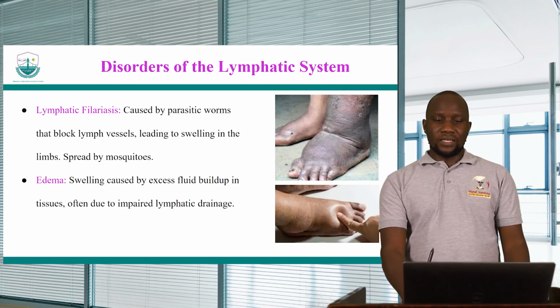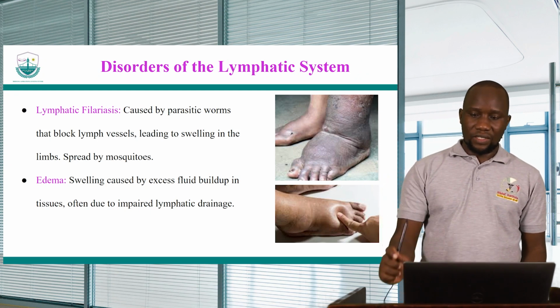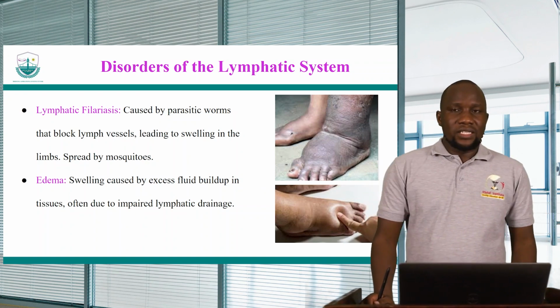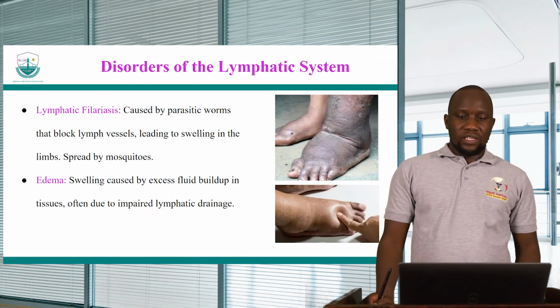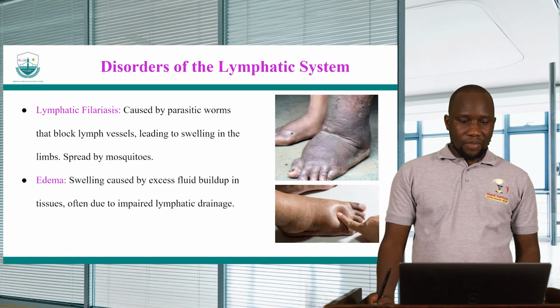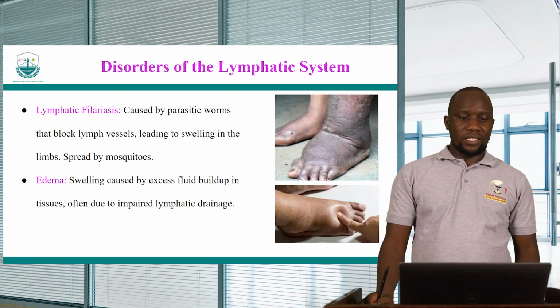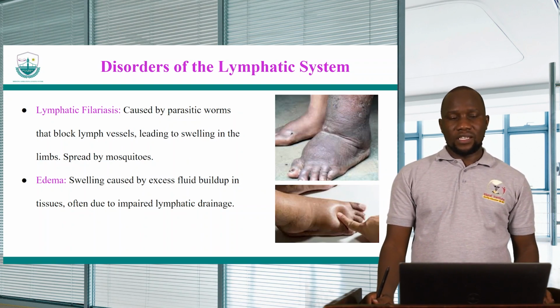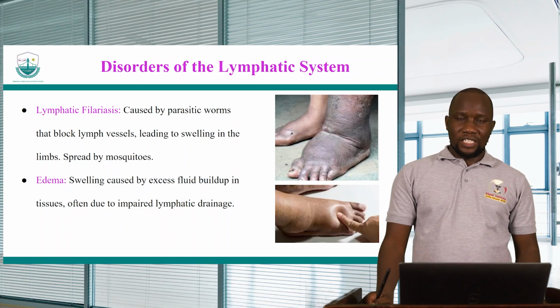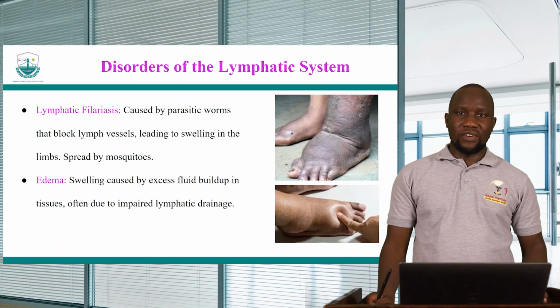So what are the disorders of the lymphatic system? Let's look at some examples. The first one is lymphatic filariasis. This condition is caused by parasitic worms that enter the lymphatic vessels and block them.